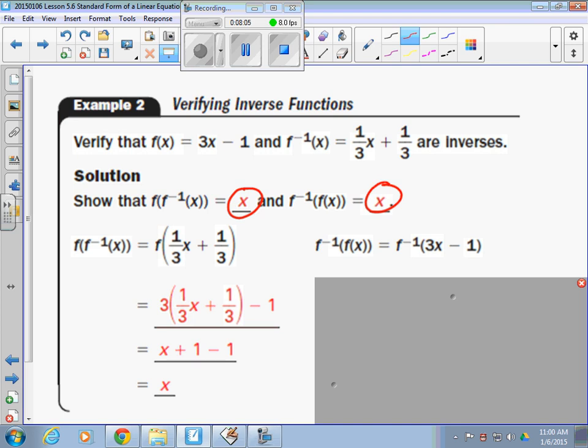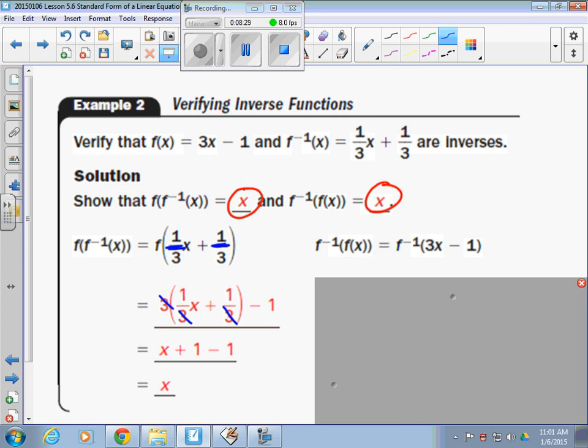So what we're doing is we're canceling out. I'm sorry, I lost my train of thought for a second. We're getting rid of these fractions, divide by 3. So in order to cancel out dividing by 3, you're multiplying everything by 3. And that'll cancel them out. And it leaves you with 1x plus 1 minus 1. And then when you solve 1 minus 1, it leaves you with x.